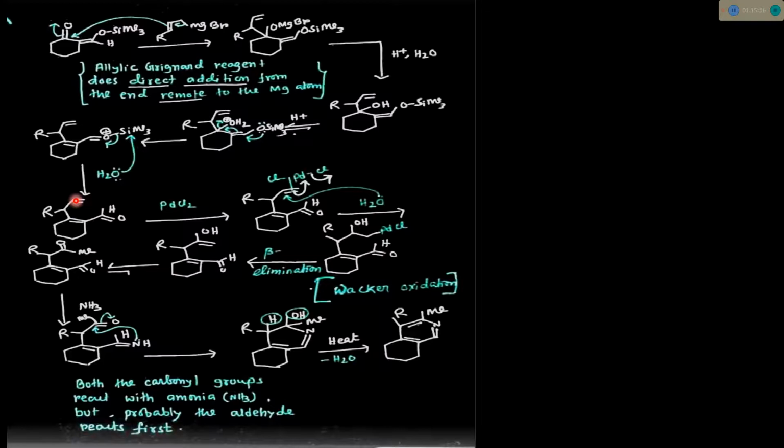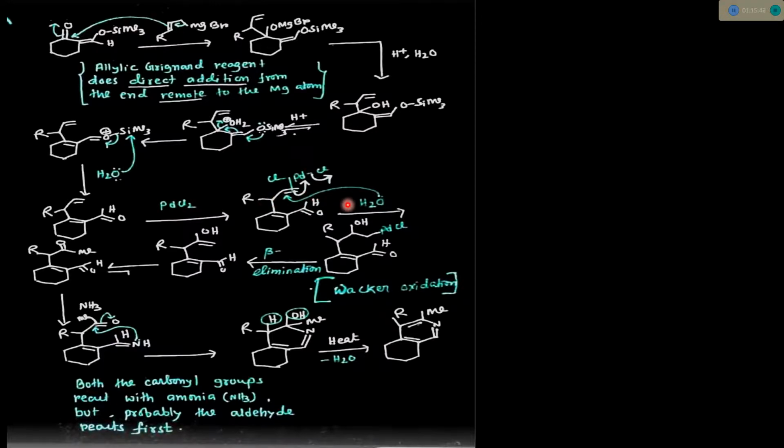Now if we use palladium chloride, it will attack the terminal double bond. There are two double bonds. This is an alpha beta unsaturated carbonyl, but there is a separate alkene part in this compound, so it will react with the separate alkene part, not the alpha beta one. Only the terminal or separate alkene part reacts with palladium chloride. So in this way Wacker oxidation will occur.